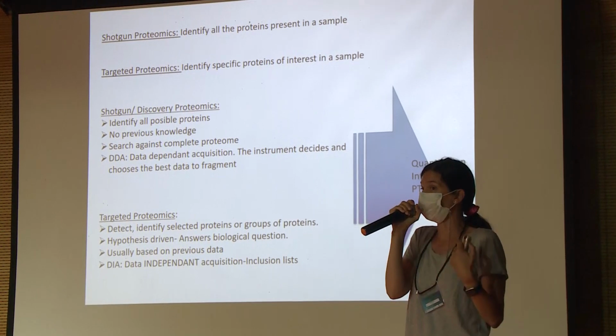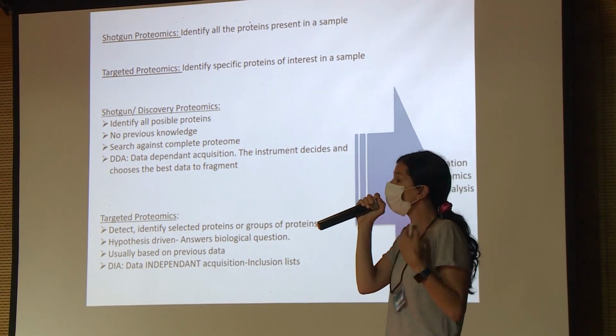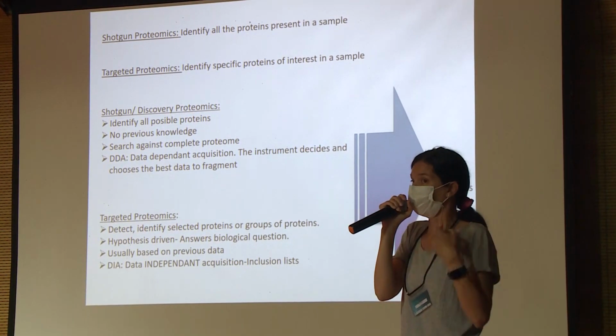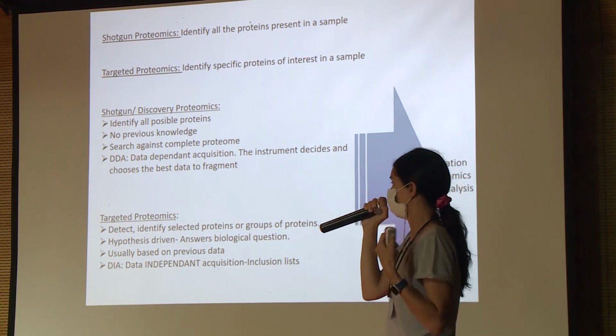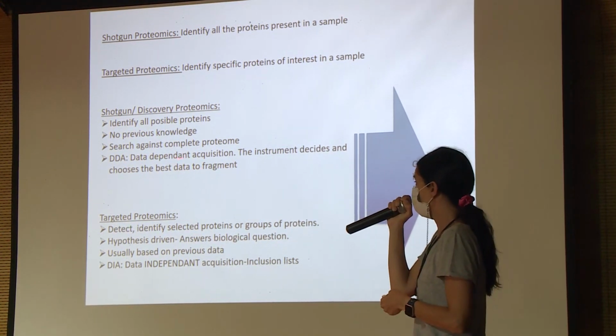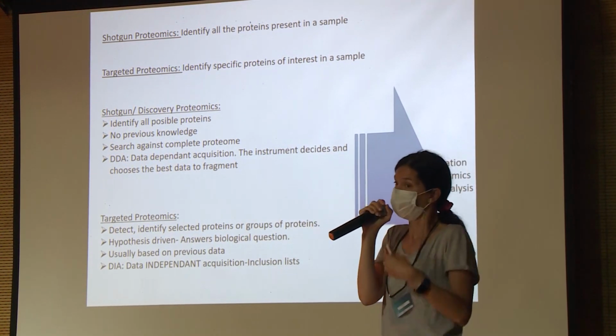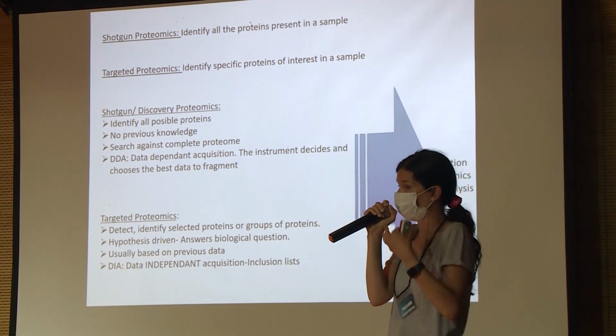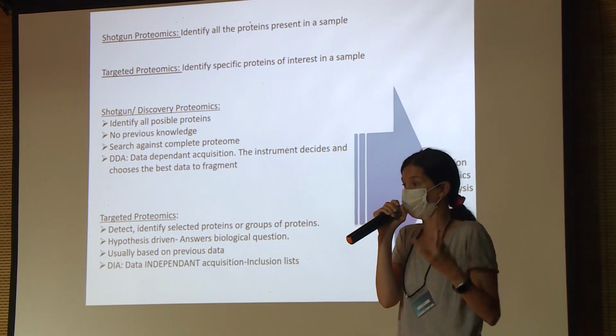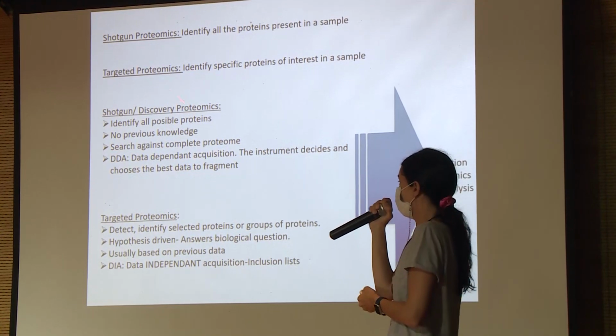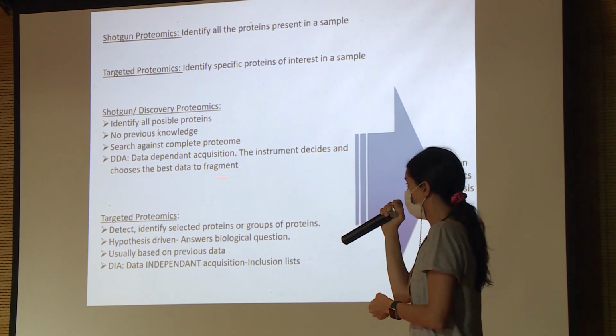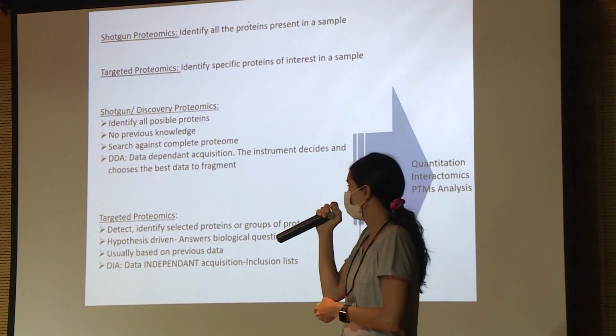We don't necessarily have to have any previous knowledge on the proteome that we're studying. We will be performing searches against a complete proteome, expecting to find whatever it is that we find in our samples. And we are going to use methods that are called DDA.